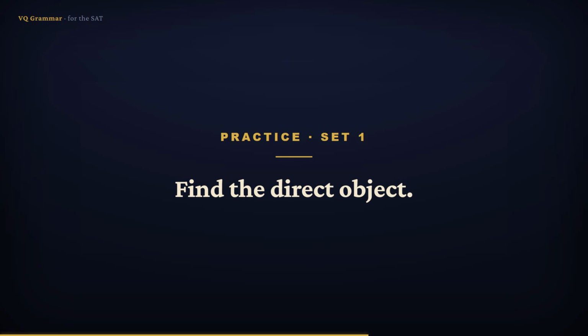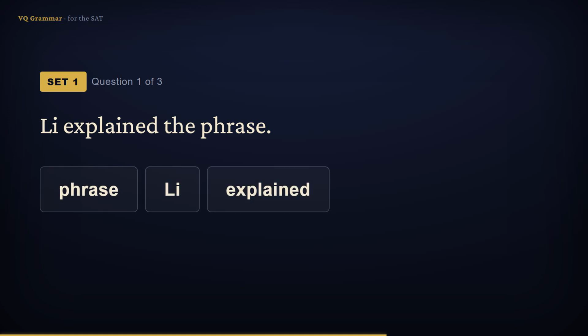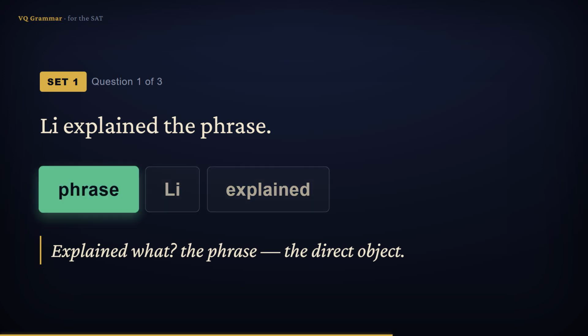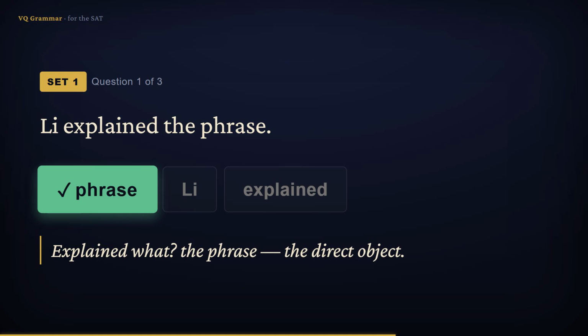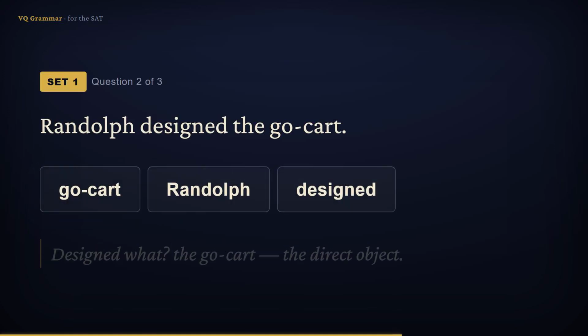In each sentence, find the direct object, the noun that answers what or whom after the verb. Pause and try before I answer. Lee explained the phrase. Explained what? The phrase. So the direct object is phrase. Randolph designed the go-kart.